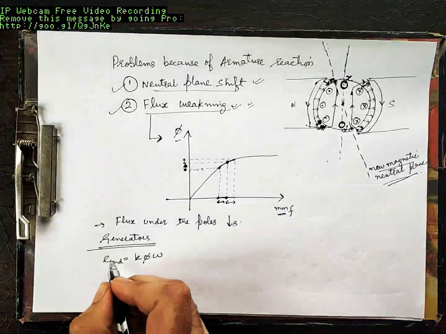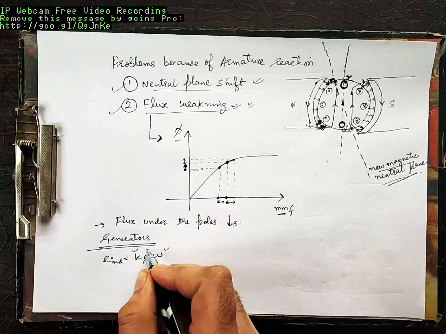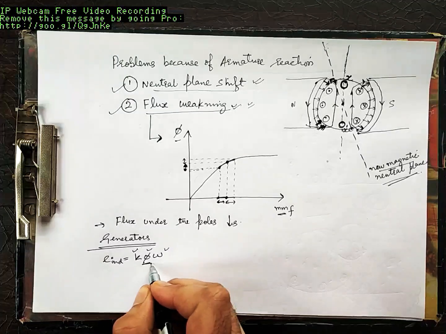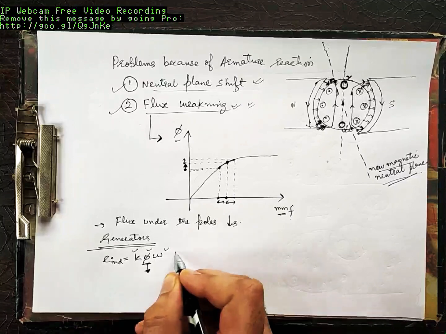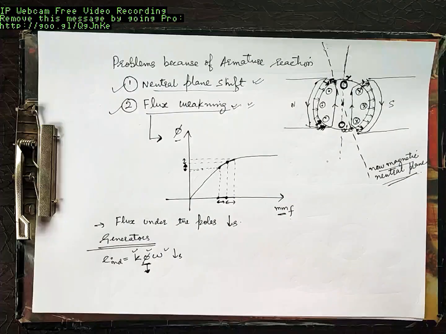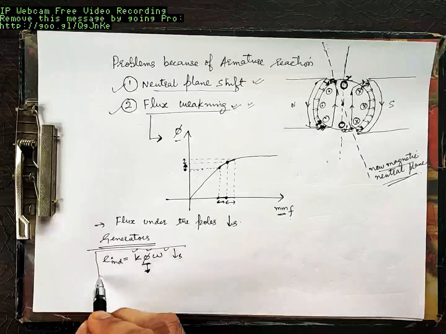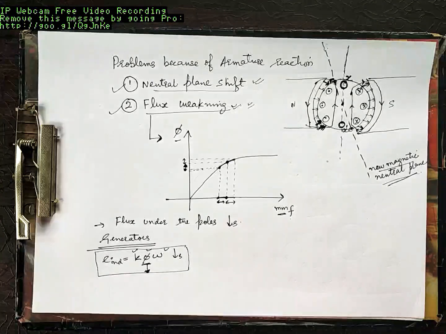Induced voltage depends upon the constant speed of rotation and the flux. If this flux under the pole decreases, induced EMF will decrease. So you will get less voltage at the terminals of a generator because of this flux weakening problem. So the flux weakening problem in generators causes terminal voltage to decrease.